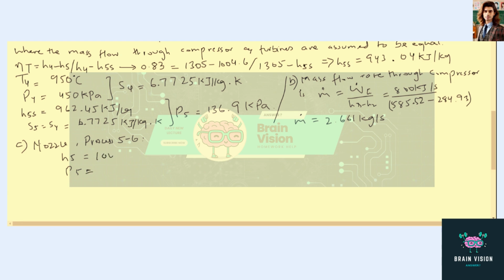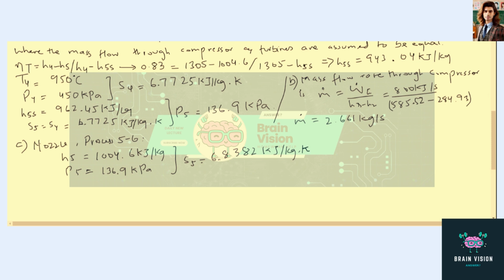H5 is equal to 1004.6 kilojoule per kg and P5 is 136.9 kilopascal. S5 is equal to 6.8382 kilojoule per kg dot K.